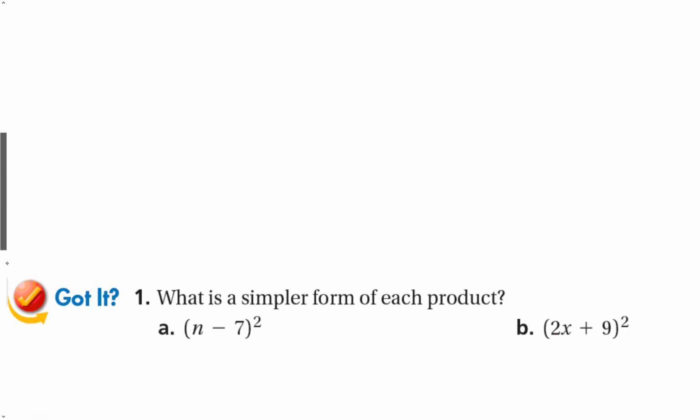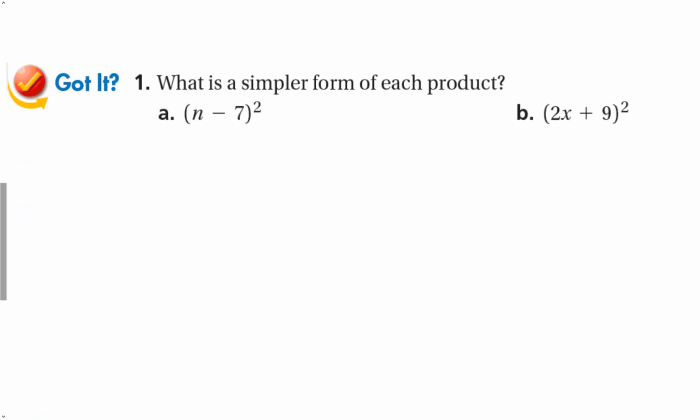Let's try some guided problems. n squared minus 2 times n times 7 plus 7 squared to give me n squared minus 14n plus 49.